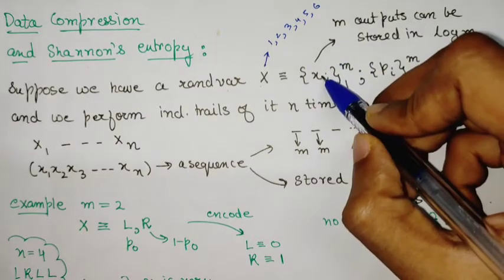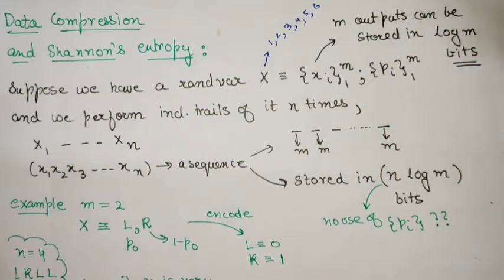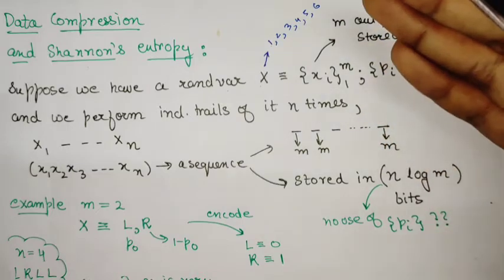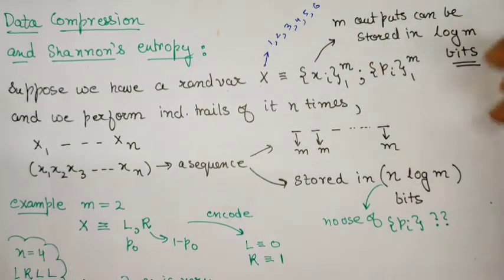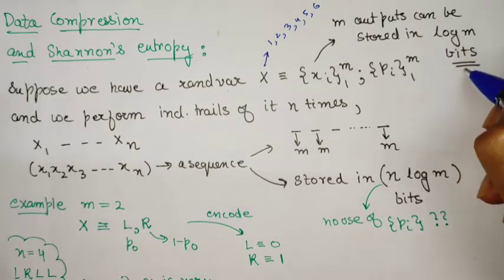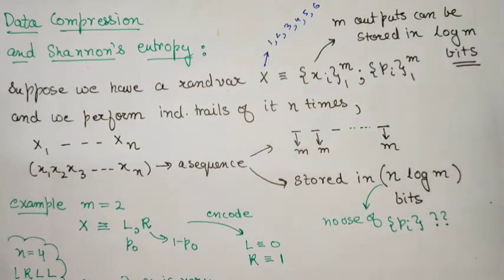So the point is, these m outputs that I get, for example when I throw a die I can get these m outputs, 1 to 6, can be stored in the form of classical bits, and we will require log m number of those bits.